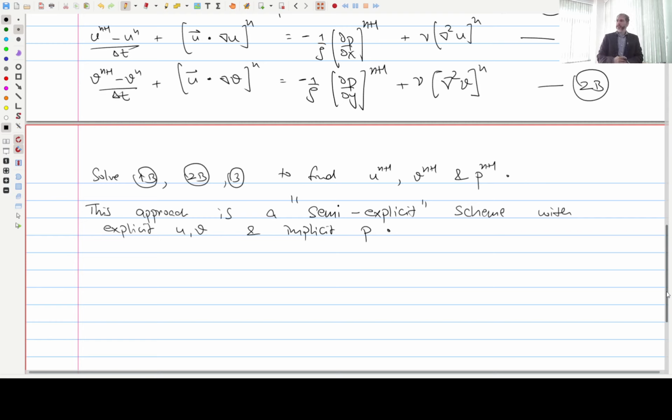So now the question is, how do we combine 1b and 2b with equation number 3 to get an algorithm? Because still we do not know how to find Pn plus 1 from here.